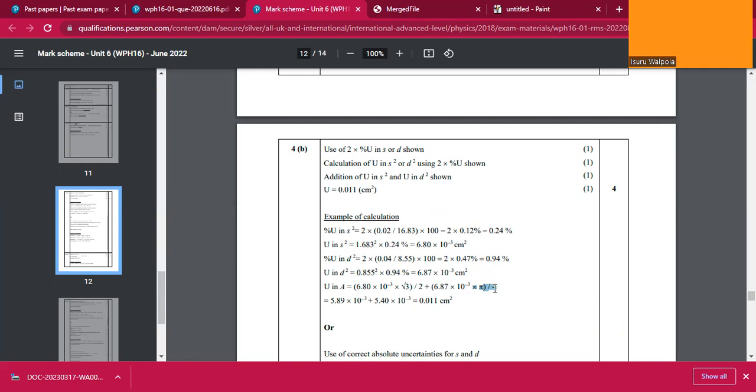Use pi by 4 into the both of the uncertainties, because ultimately we are adding. Look at this operation here. This one is the uncertainty of root 3 over 2 s squared minus pi by 4 d squared. It's a subtraction. In subtraction, we add the uncertainties, and there we go. Even the uncertainties have to be multiplied by these factors though, right?